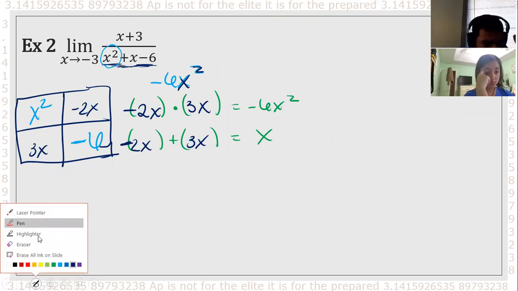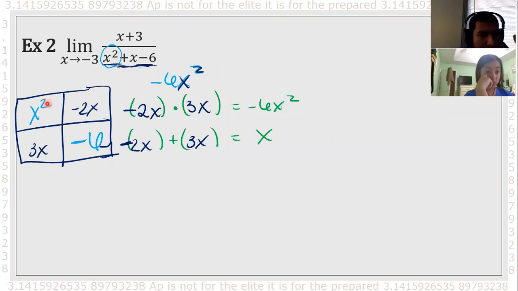And I do the same thing. Horizontally, what do they have in common? They both have an x, so I'm going to put that right there. Horizontally, what do these guys have in common on the bottom? A 3. And then vertically, what do they have in common?